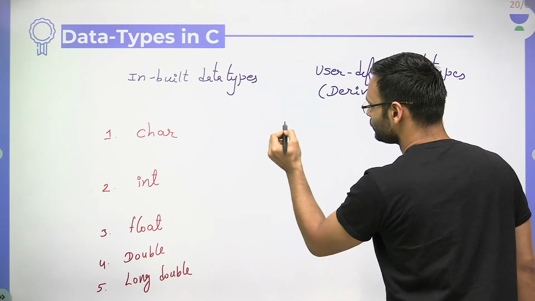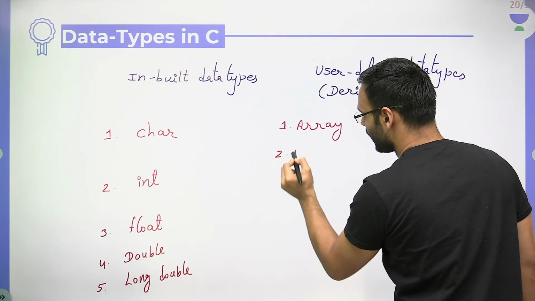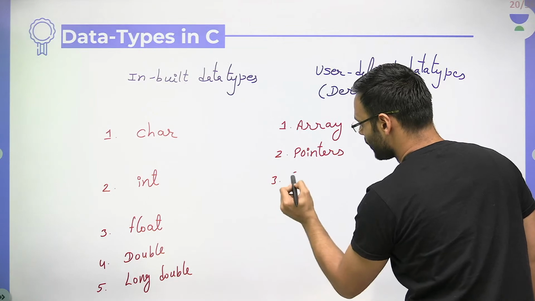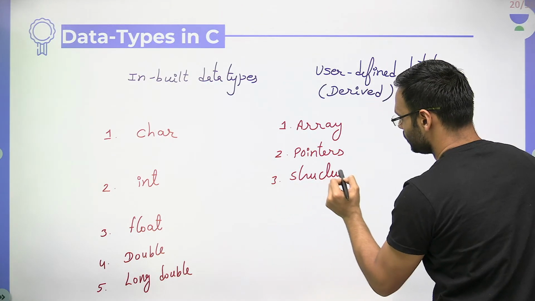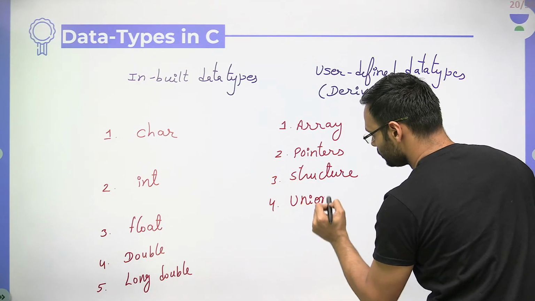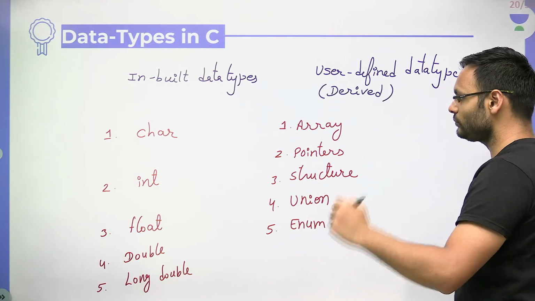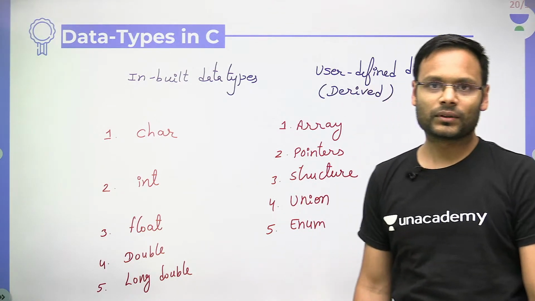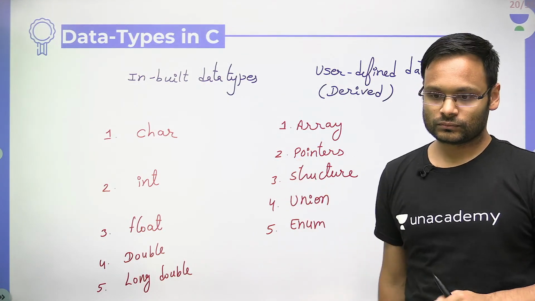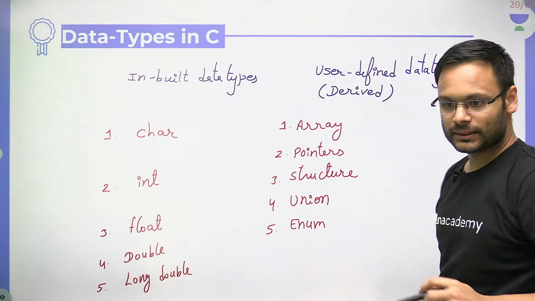We can have array, pointer, structures, union, enum. These are the basically used user defined data types.